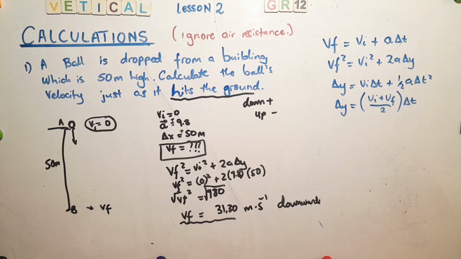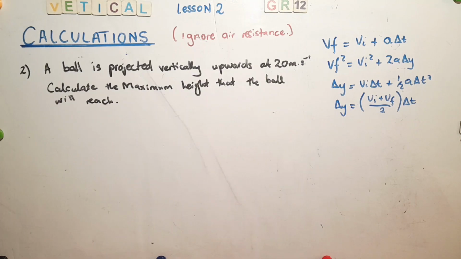So let's move to the second question. On the second question, they said a ball is projected vertically upwards at 20 meters per second. Calculate the maximum height the ball will reach.